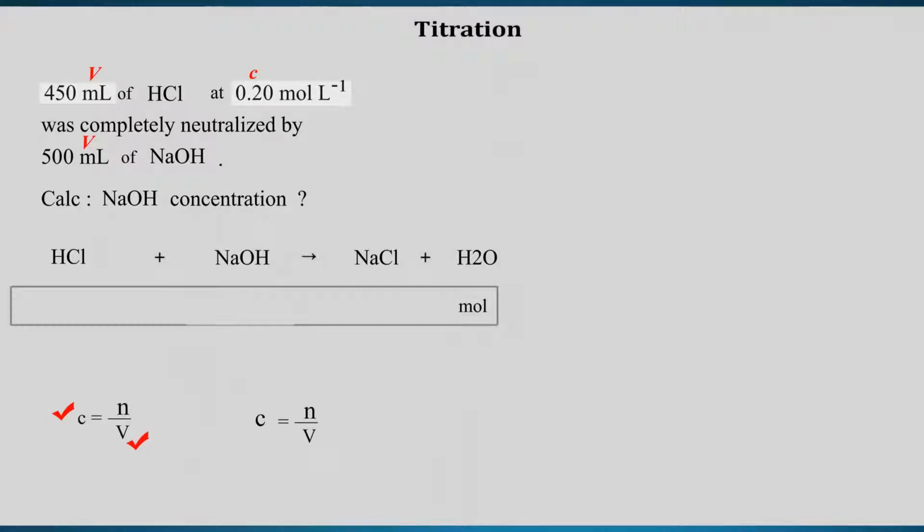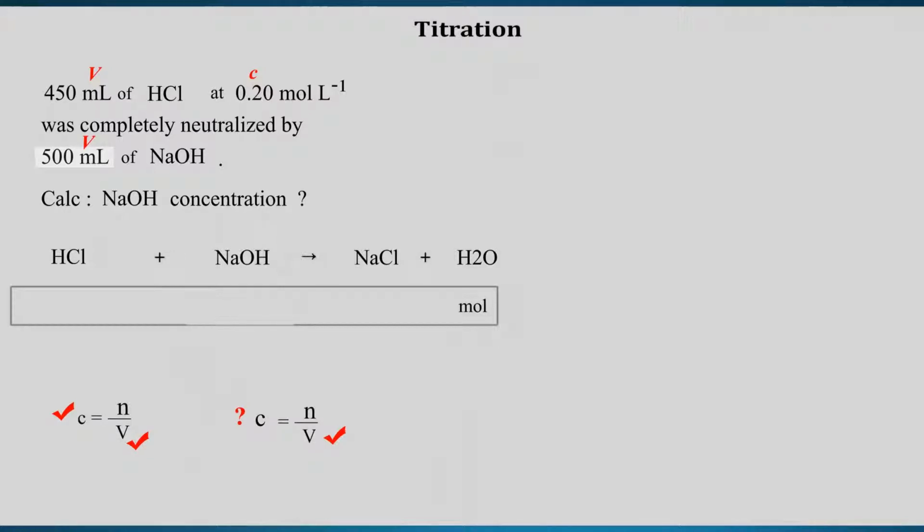You know the C, you know the V, you know the mole. NaOH, you don't know the C, you know the V. Now, can we use this acid-base neutralization rule to find out the C of this sample NaOH? This is titration. Now let's see how we find out.